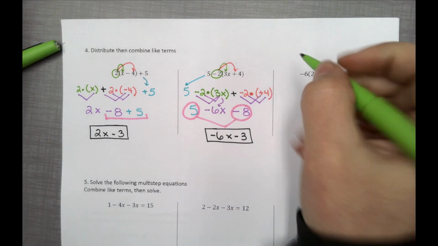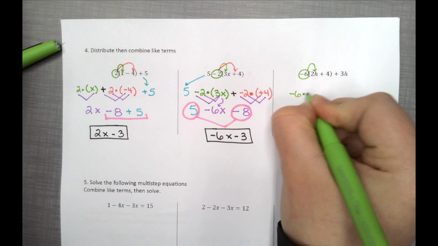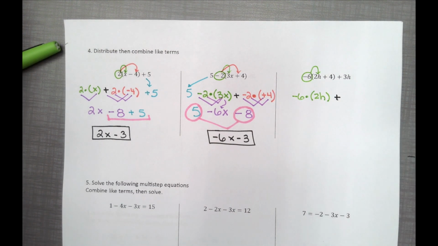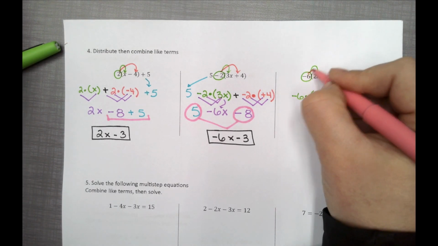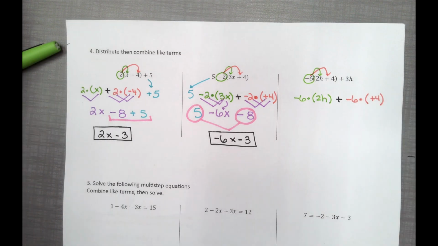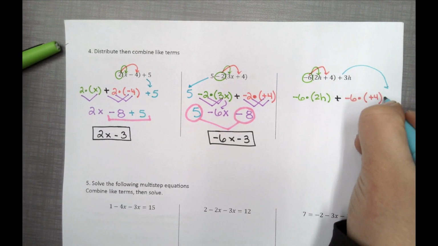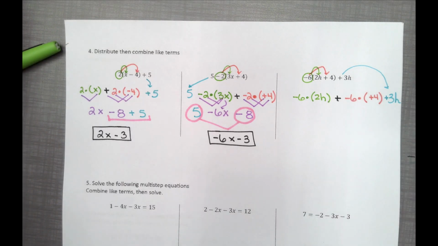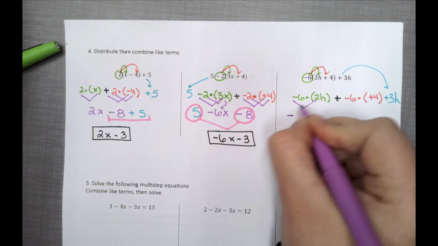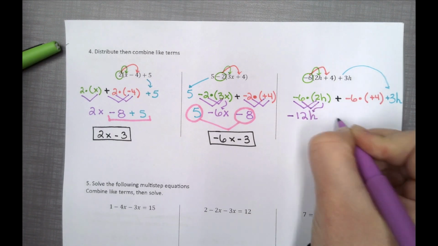One more time. We're picking up that -6, putting it onto 2h. -6 times open 2h, close. And -6 times open, +4, close. Now here we do have this positive 3h that we need to keep track of. Let's go ahead and multiply. We got negative, positive, meaning it's a negative. 6 times 2 is 12. Yes, I have a letter. That letter is h.